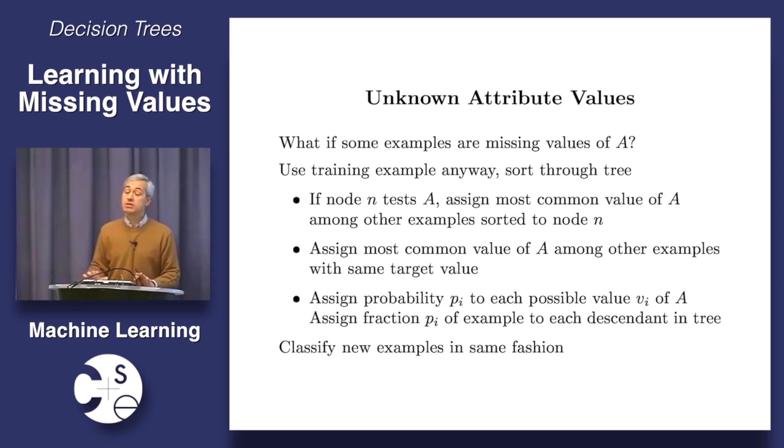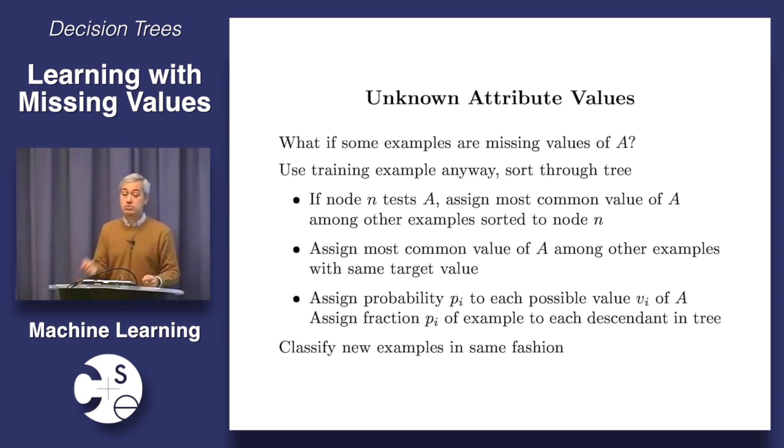I can do the same thing that I did at training time, which is break up the car into 0.8 and 0.1 and 0.1 and send it down 3 branches. Then they keep splitting, and they all trickle down to the leaves. Not a problem there. It's the same thing at training and at test time.